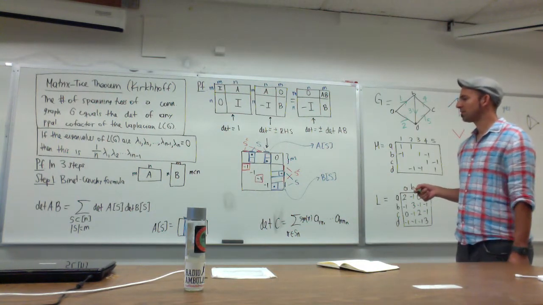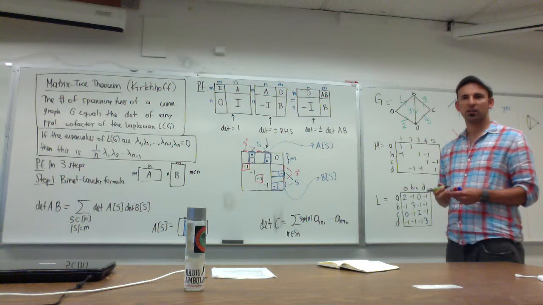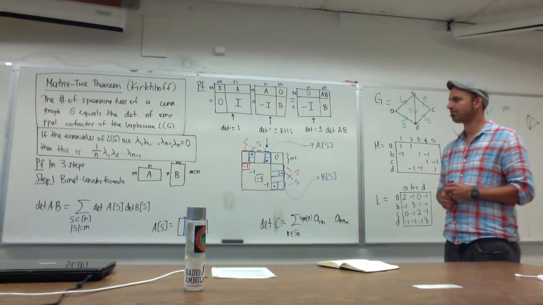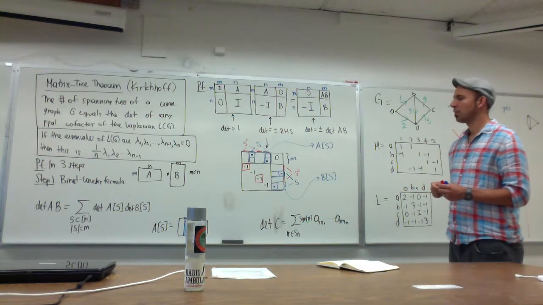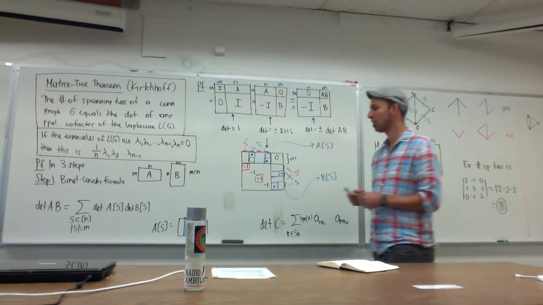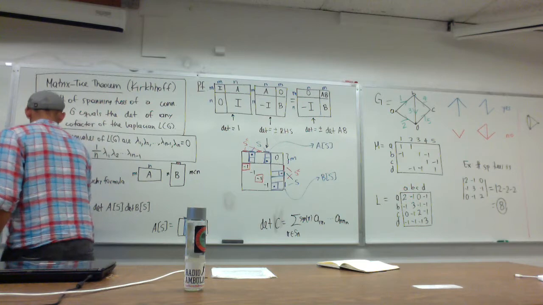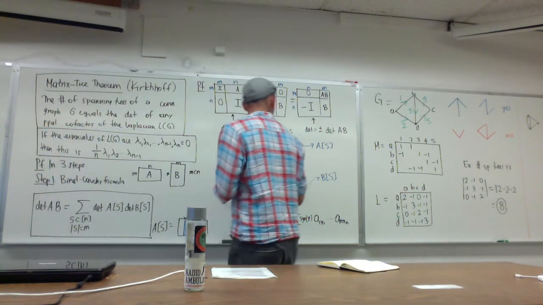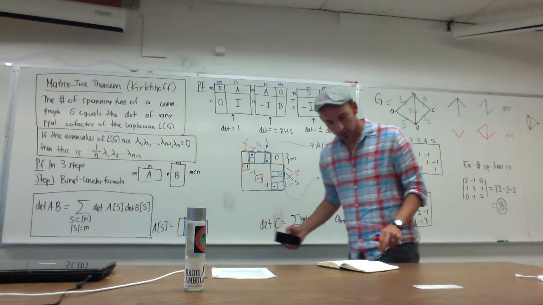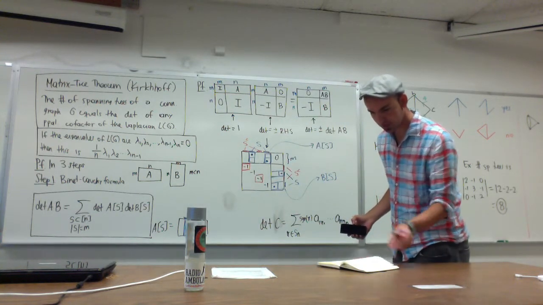And so this is the proof of the Binet-Cauchy formula. So we have the Binet-Cauchy formula, and we can use it. There it is. So that's step 1.